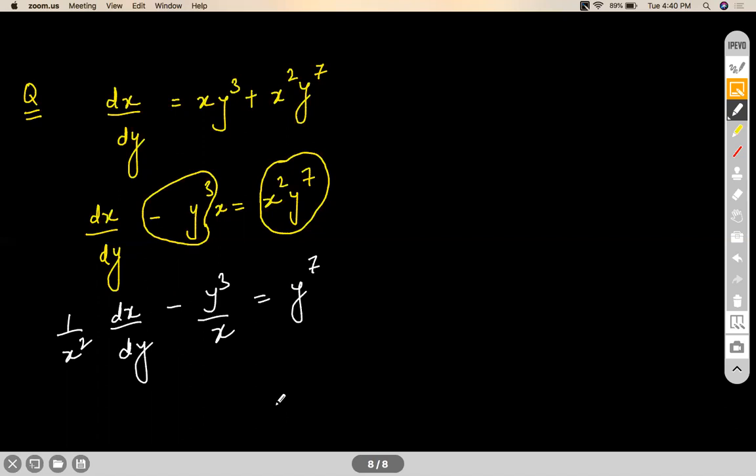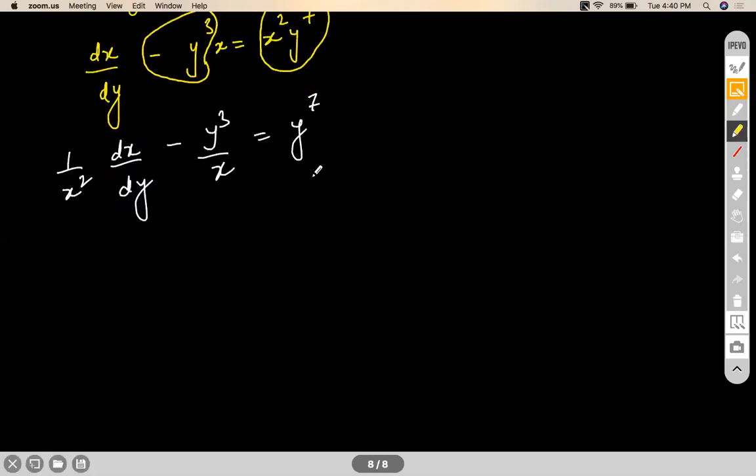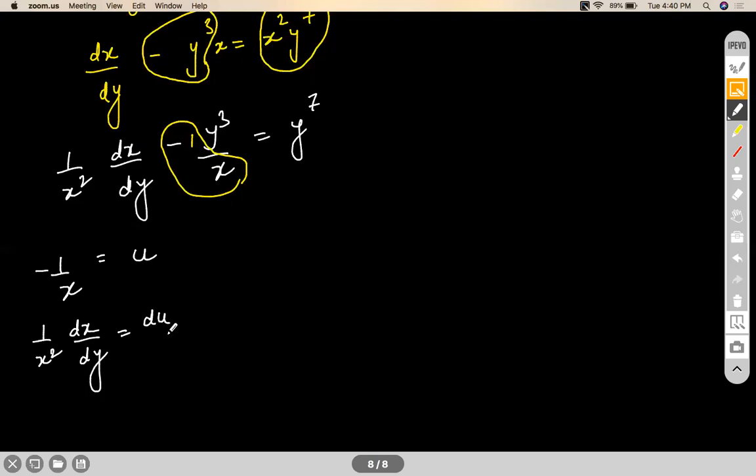Correct? Now, from here, we take minus 1 by x as another variable, let's call that u. Let us differentiate both sides with respect to y. So 1 by x square dx by dy is equal to du by dy.